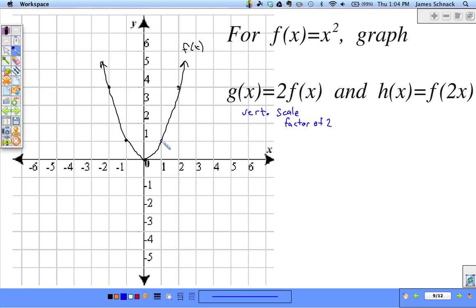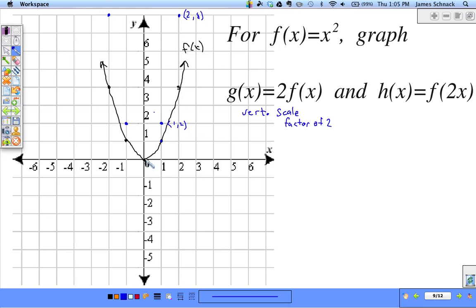So this point right here, that was 1, 1, we make it twice as tall. One comma 2. This point that was 2 comma 4 becomes 2 comma 8. And similarly on the other side.